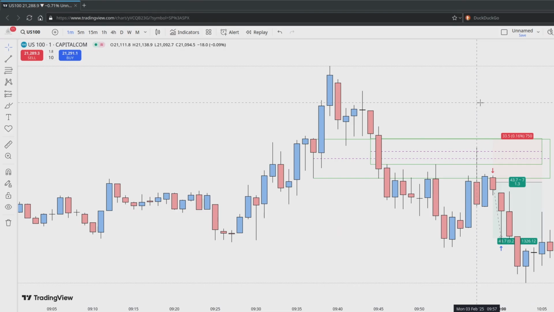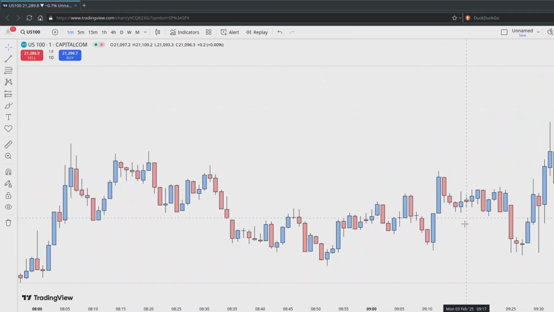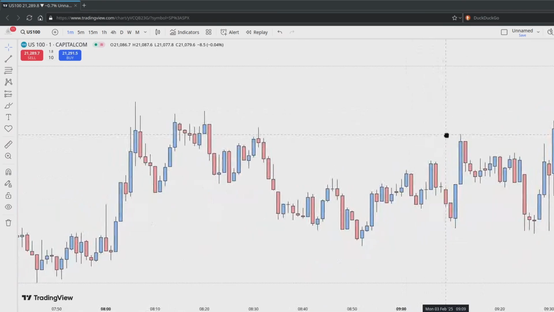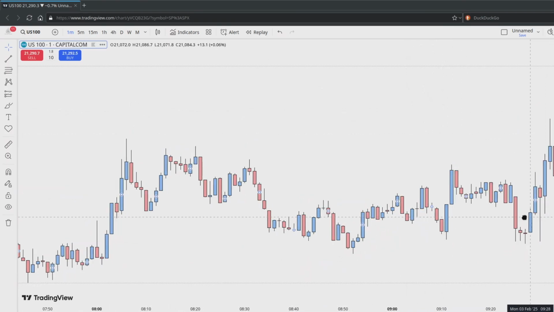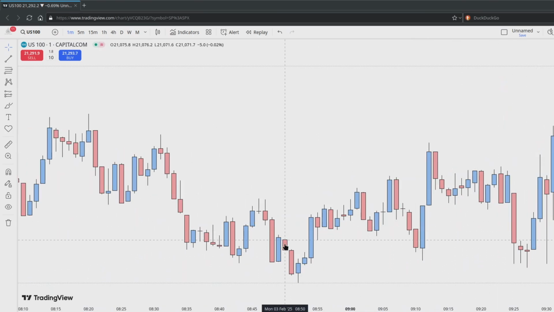A class C setup would be something like we had over here. 930. Right there. Okay, we had this massive consolidation going up higher, and we had the breaker block sitting there, and price tapped it multiple times.